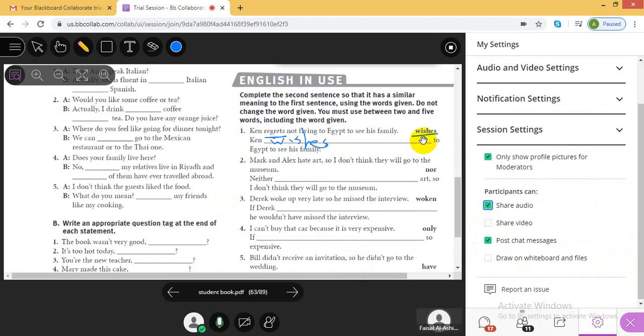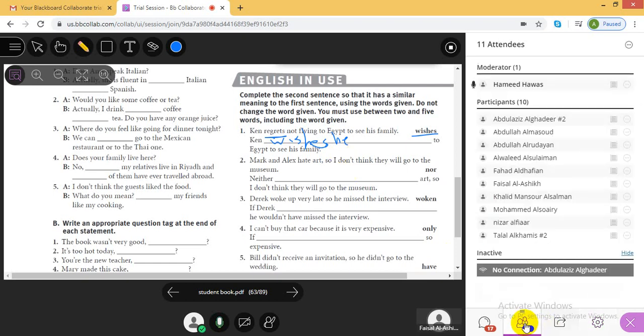So here he wished about something that didn't happen in the past. So he wishes that it happened. Ken wishes he had flown or flew. Which one? Guys, students, today what?